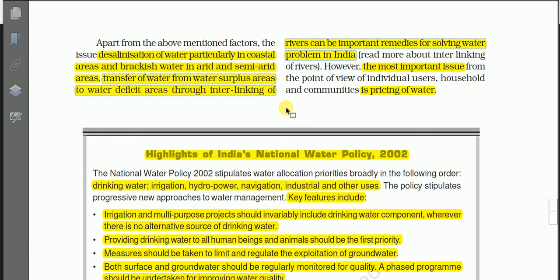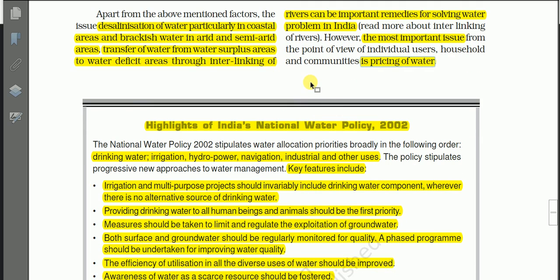So these are the remedies to solve the emerging water problems. However, the most important issue from the point of view of individual users, households and the community is the pricing of water. Nowadays water is priced.